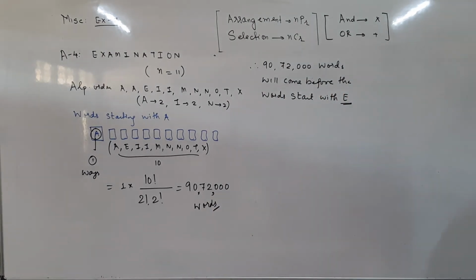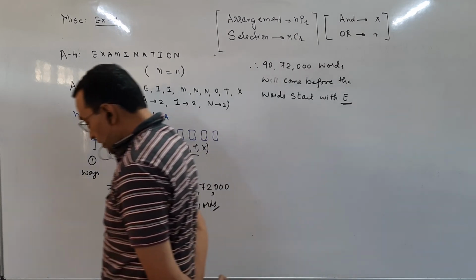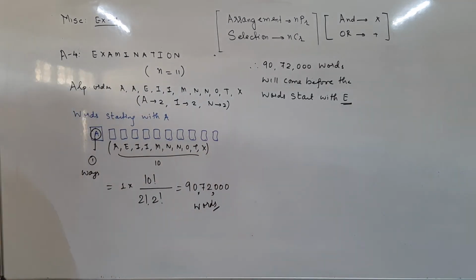Dictionary order means whatever words we form with the letters, every alphabet will come in order starting from A to X. So that is, students, the meaning of dictionary order. Dictionary order means alphabetical order.